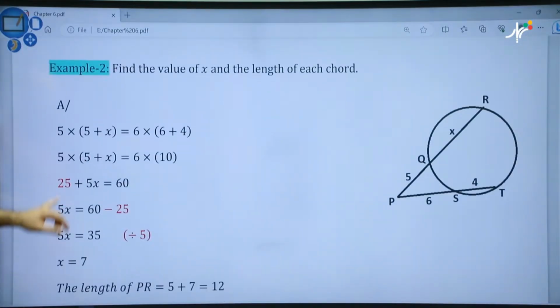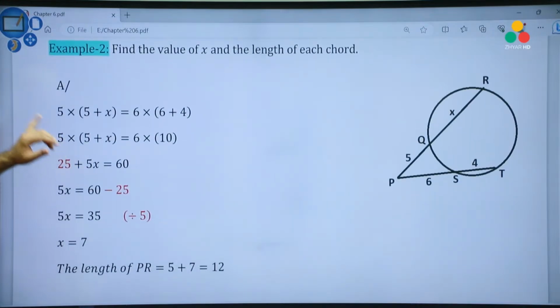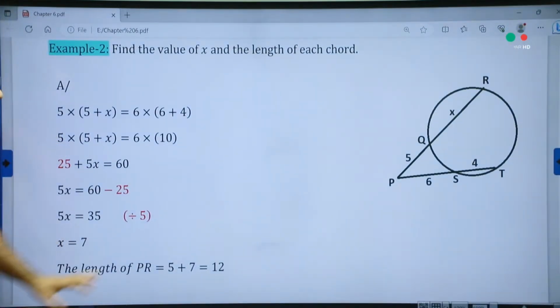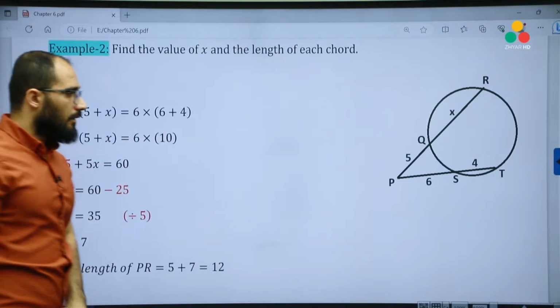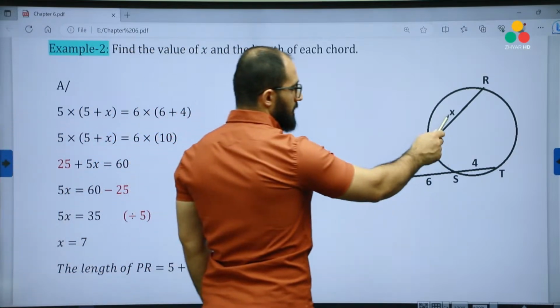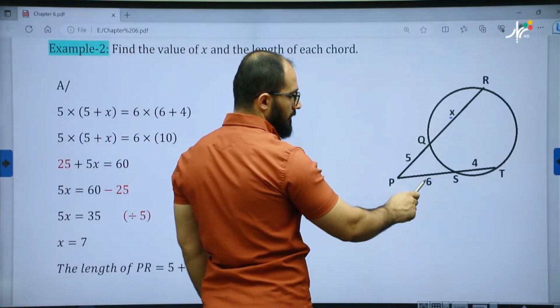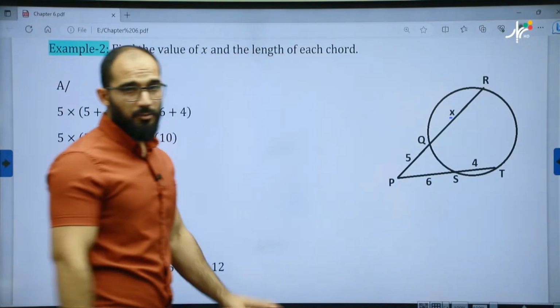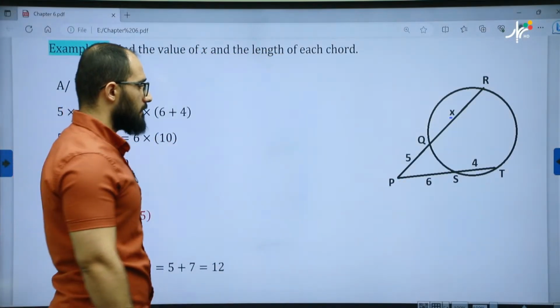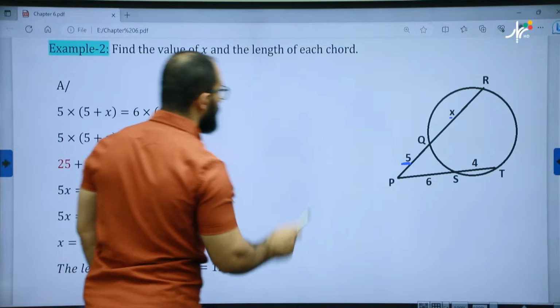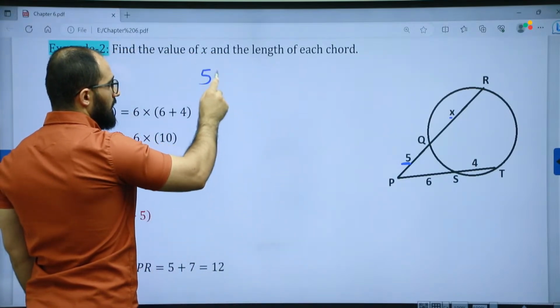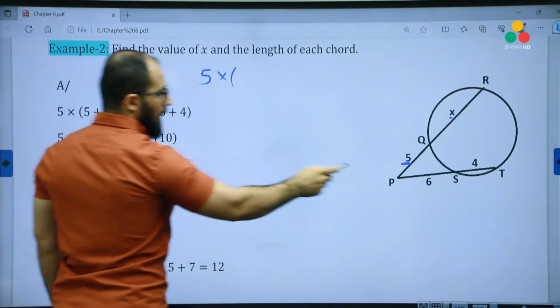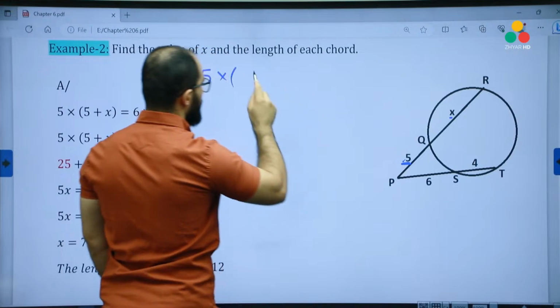Okay, example 2. This one is exterior. So please pay attention how to solve the exterior one. Here we have x and also 5, 6, and 4. Pay attention how to find it. 5 times 5 plus x.